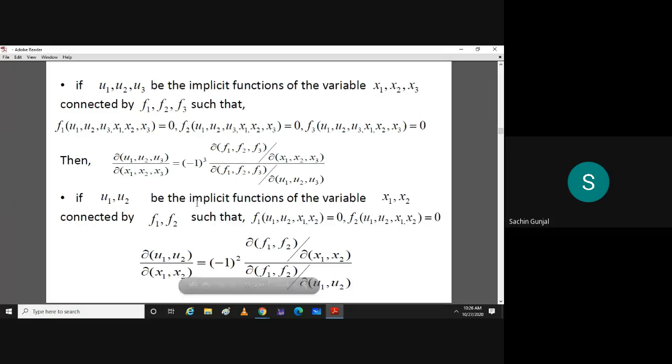Even if they are explicit, you can still use this rule. Understood? Yes, sir.